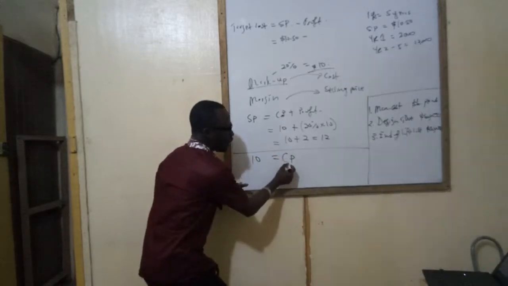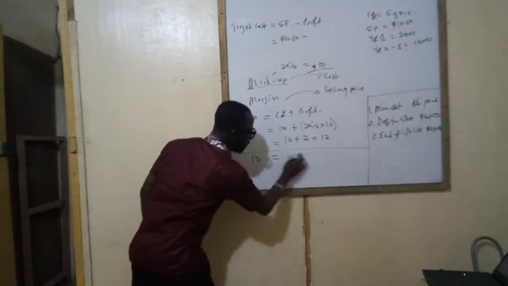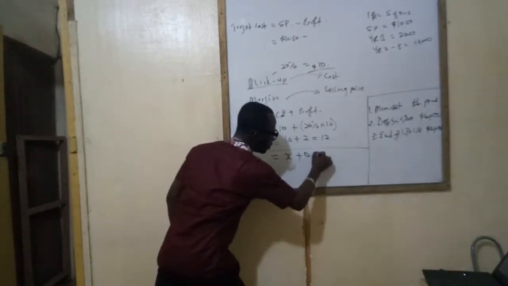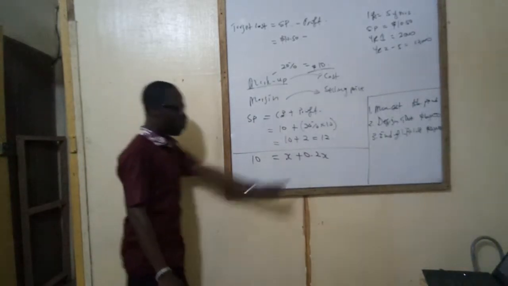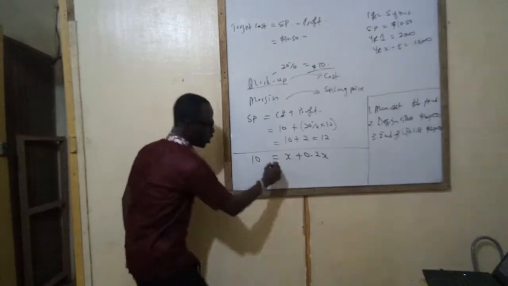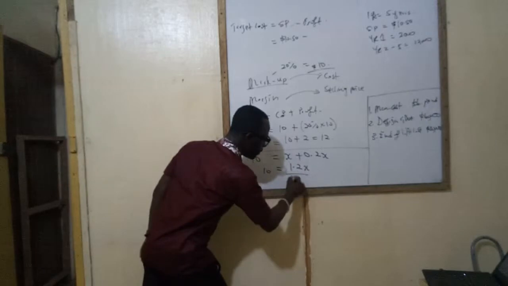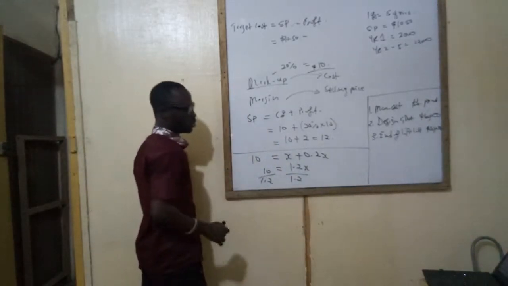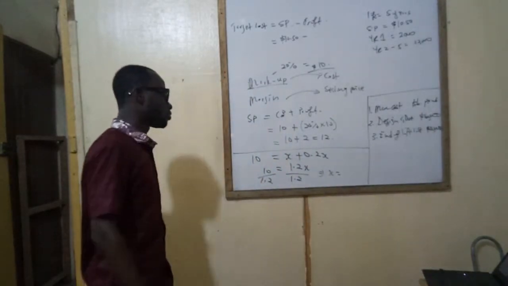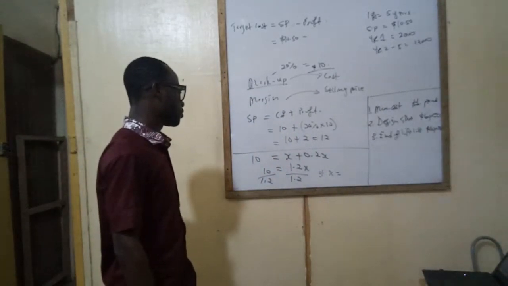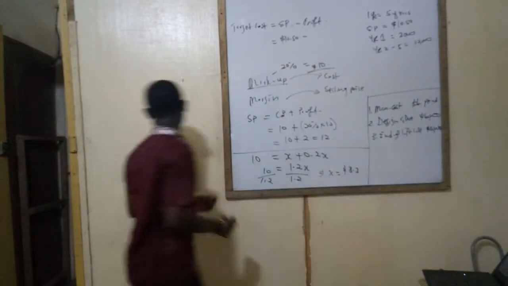So since I don't know the cost, I will let the cost be X, so that it becomes X plus 0.2X. Do you understand? 0.2X is 20% of the cost. So this becomes 1.2X, and this becomes 10. What does that mean? I divide by 1.2. So what do we have? 10 divided by 1.2, which is 8.3.